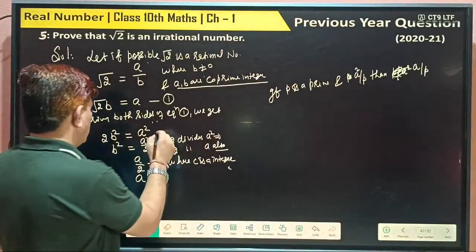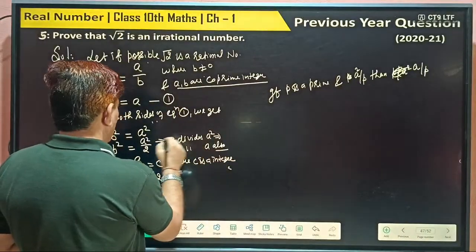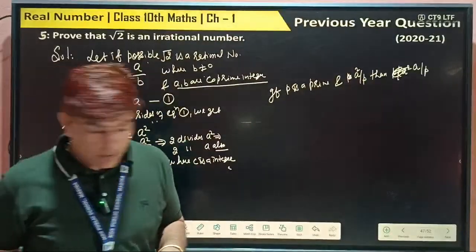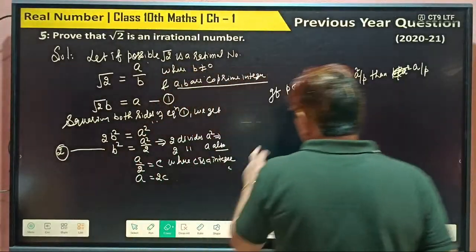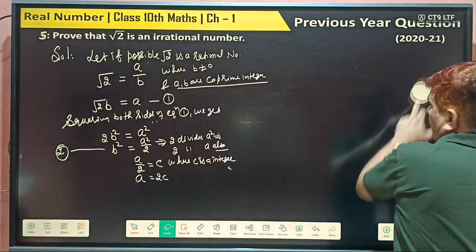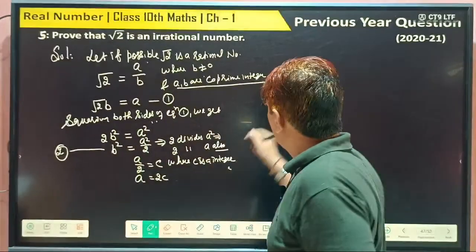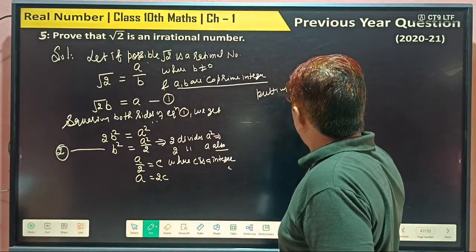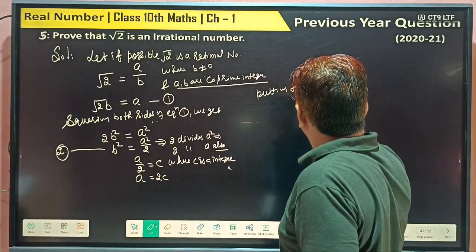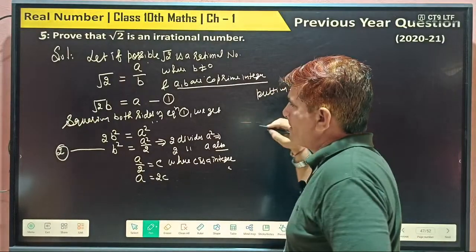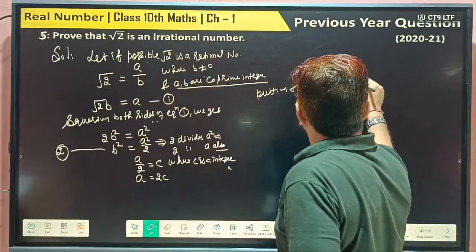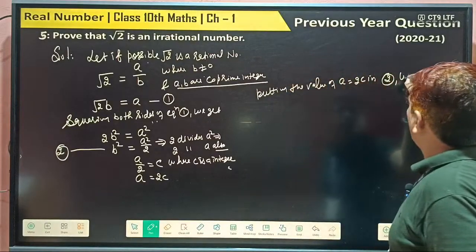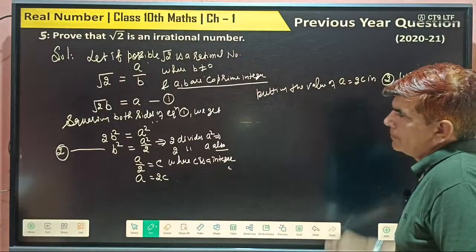So now this is equation number 2. Putting the value of A equal to 2C into equation 2, right.